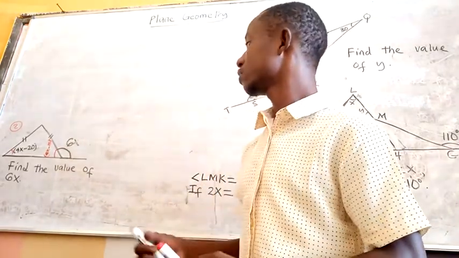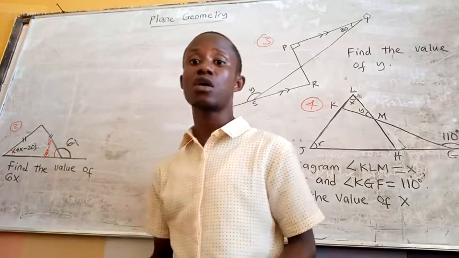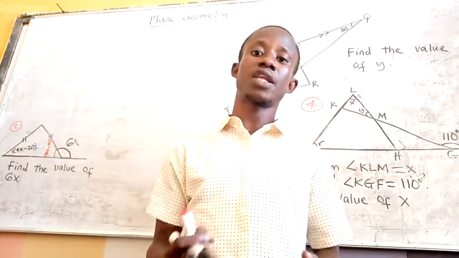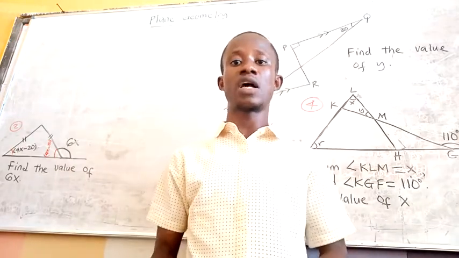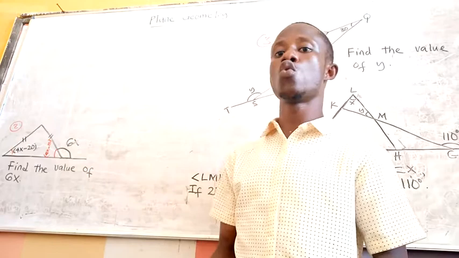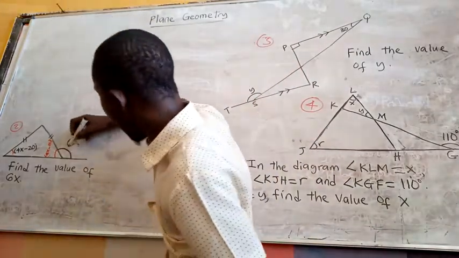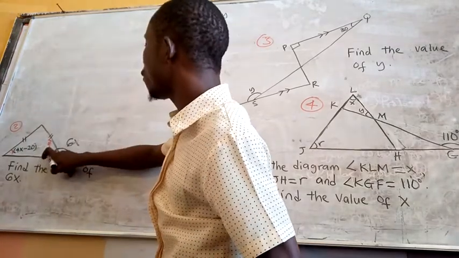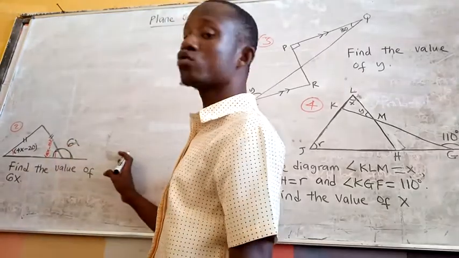The reason is that this triangle is an isosceles triangle. Now, we know that angles on a straight line should be equal to 180 degrees. The sum of all the angles on a straight line should always be equal to 180 degrees. So we can see that angle 6x plus angle 4x minus 20 should be equal to 180 degrees.